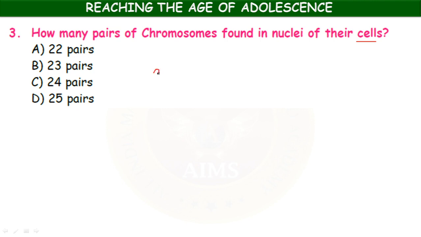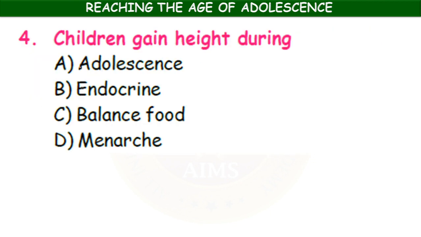It is 22 plus 1 pair, meaning total 23 pairs of chromosomes are present, out of which 22 are called autosomes or vegetative chromosomes, and the remaining 1 pair is called the allosome or sex chromosomes. Total 23 pairs.